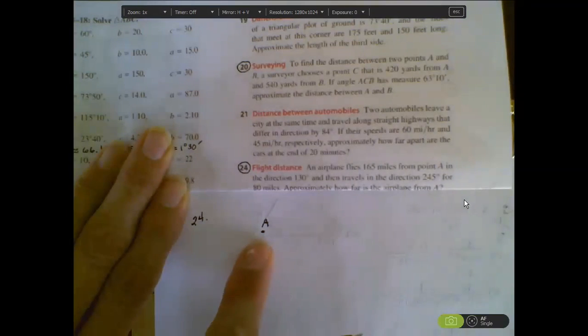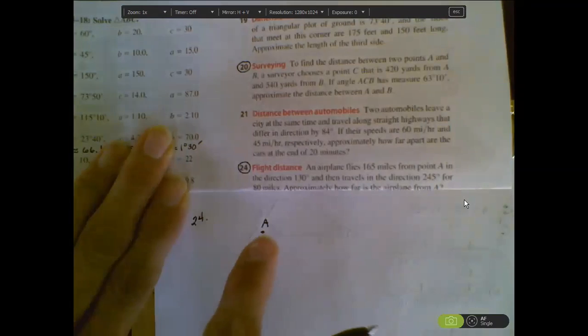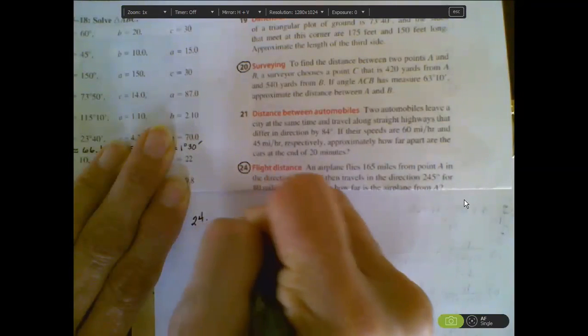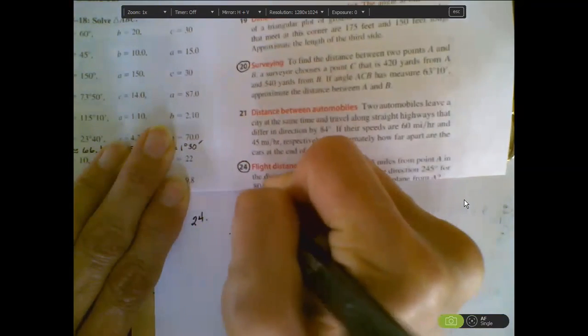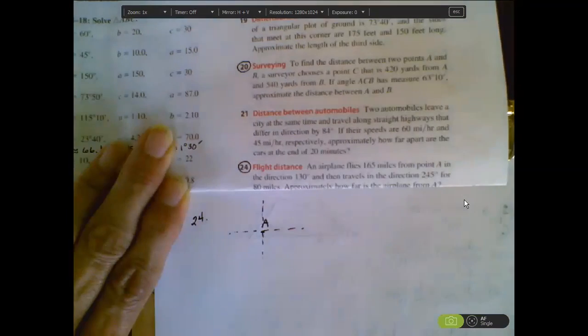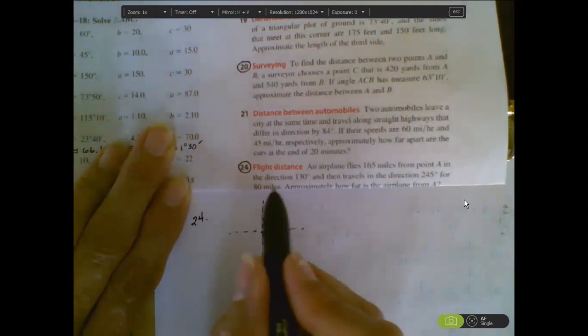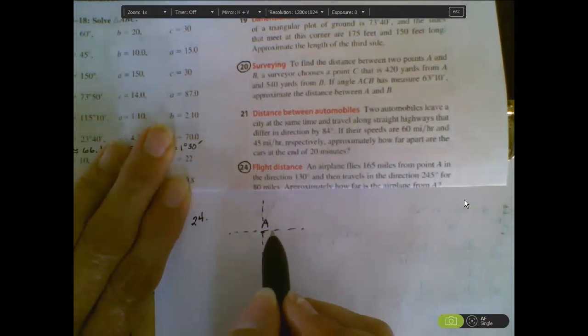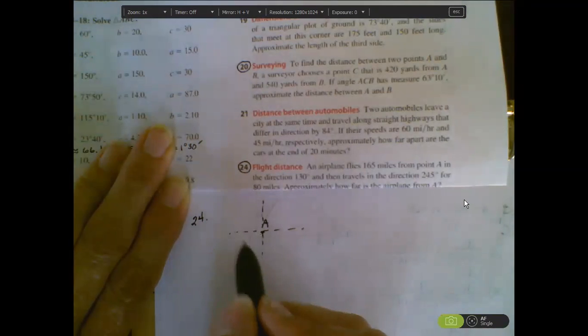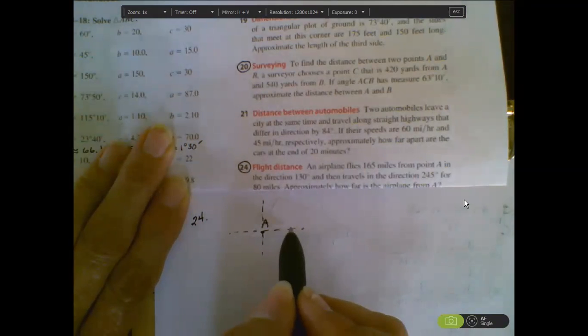Well, let me tell you what that means. If you imagine A is the origin of a Cartesian plane, then the direction 130 degrees is 130 degrees counterclockwise from the positive x-axis.